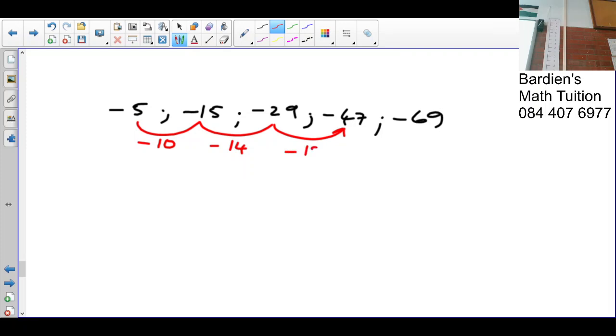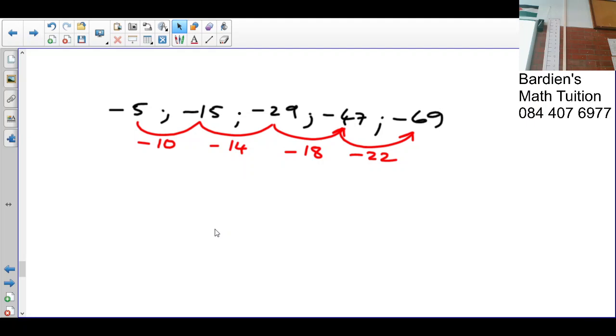It's negative 18. Check. Then should be negative 22. Is that correct? Yes. So is this arithmetic? No. Why not? Does not have a constant first difference.